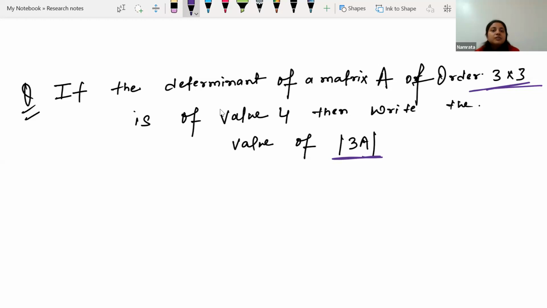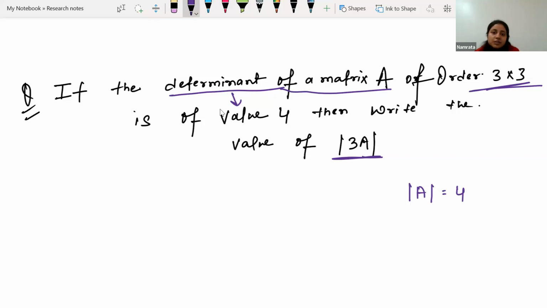It means determinant of A is having the value 4, which is the first information given. According to the question, we have determinant of A equals 4. We have to understand that by reading the question.